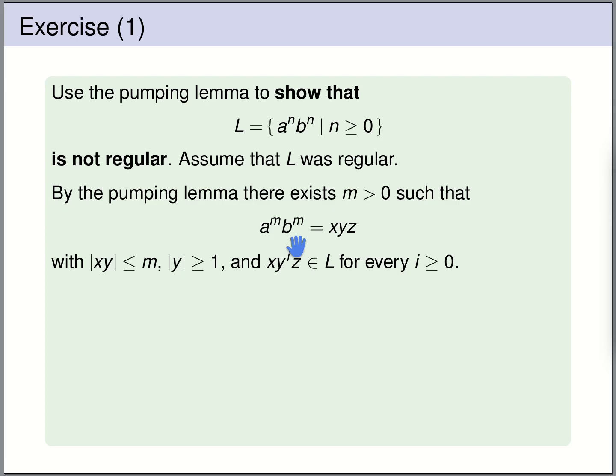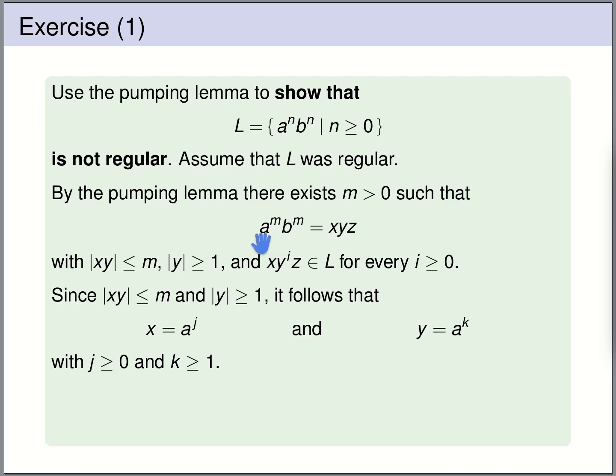So just like in the preceding example, since x, y form a prefix, and this prefix is not longer than m, they must both fall into this initial part that consists only of a's. So x and y only consist of a's again, just like in the last example. And additionally we know that y consists of at least one a. y cannot be empty, so k is at least 1.